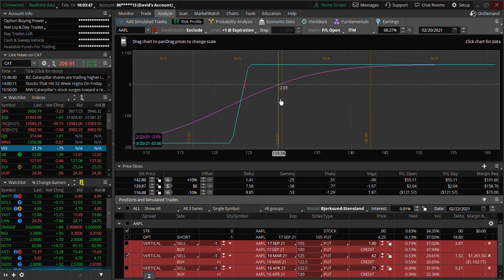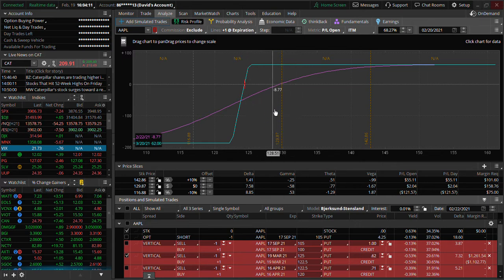But I think there are a couple of problems with this. Number one, you're trading so close in time. This purple line is today. It's your T+0 line, and it slopes down pretty quick, and that's called gamma, but I won't get into that.